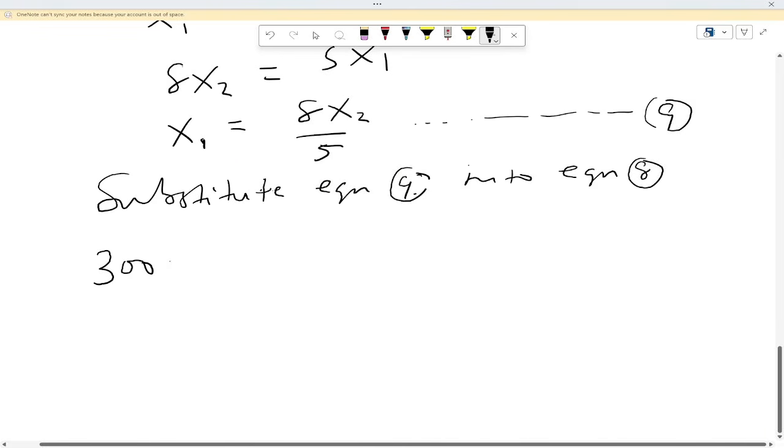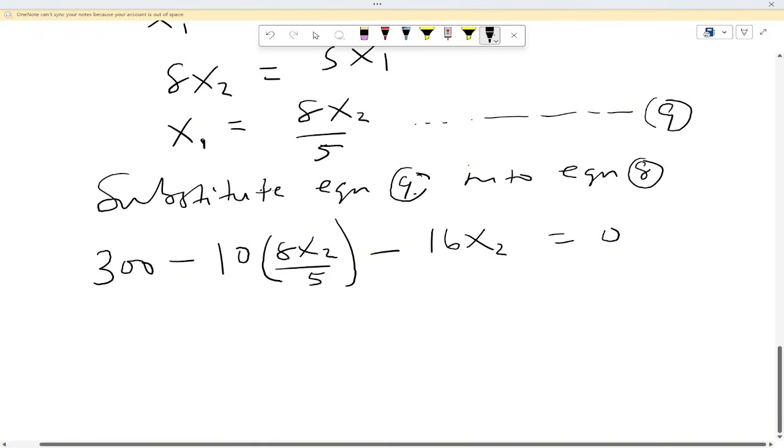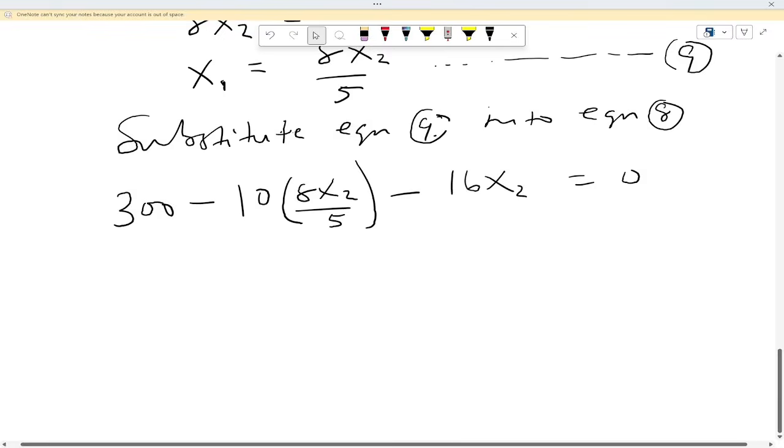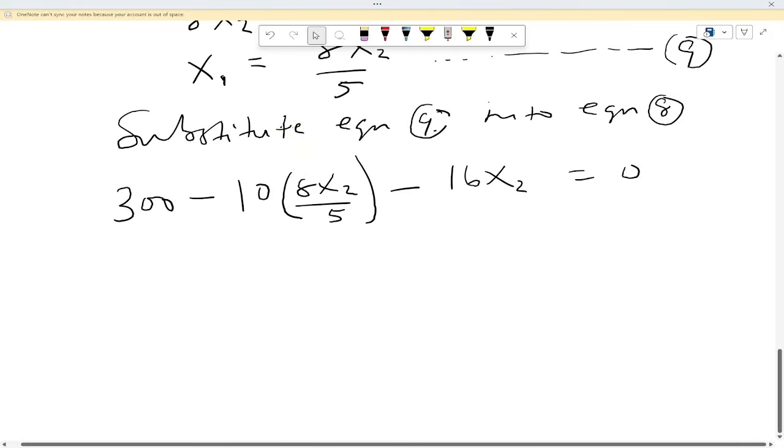300 minus 10x1. So instead of x1 you have 8x2 all over 5 minus 16x2 equal to 0. So here you can just be careful.